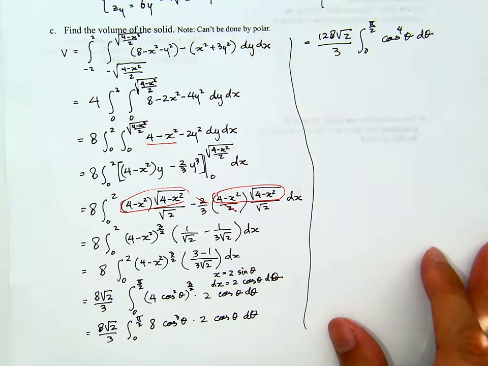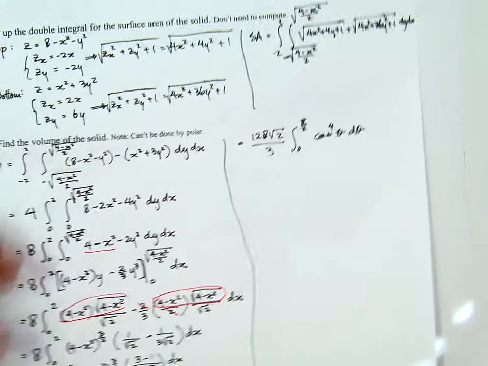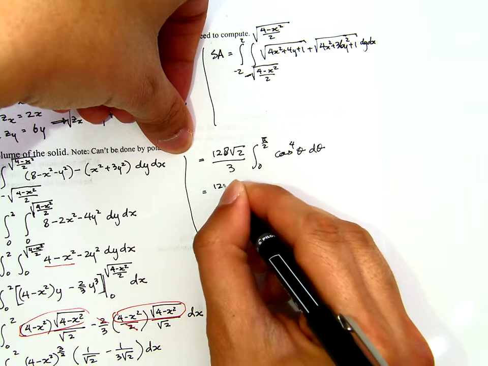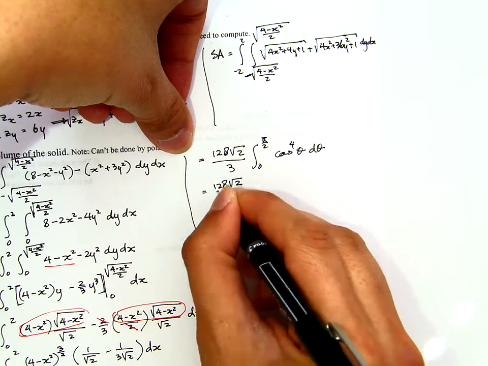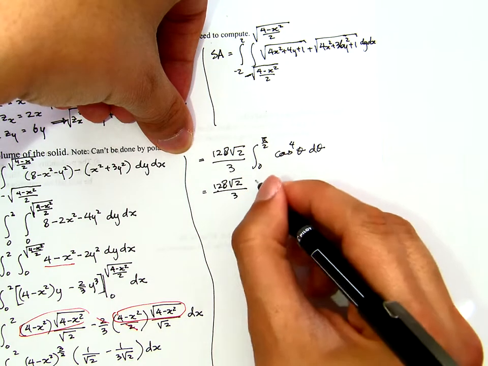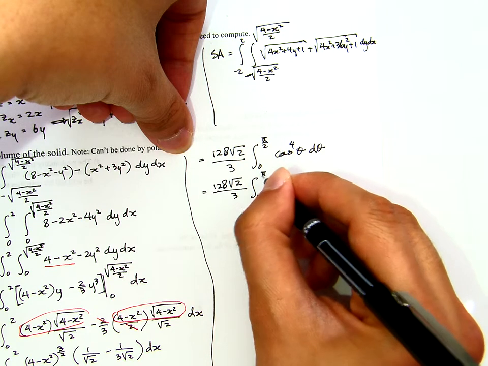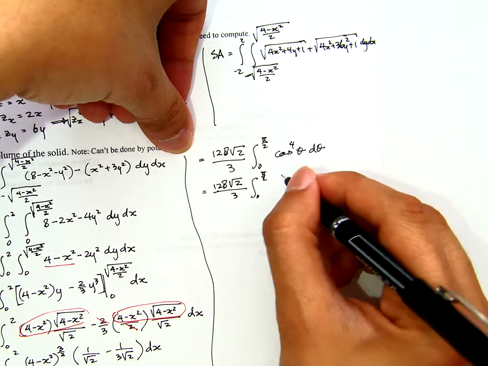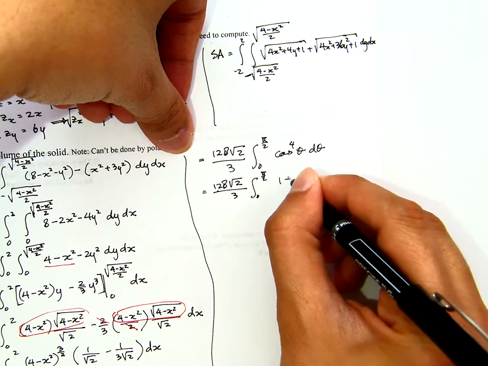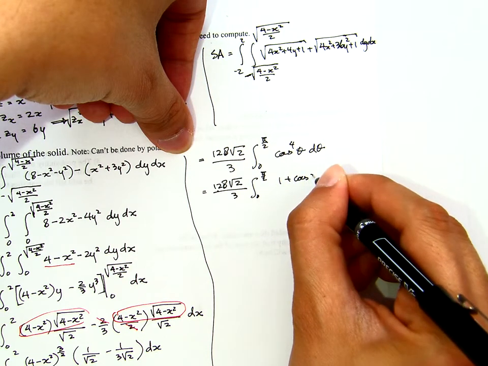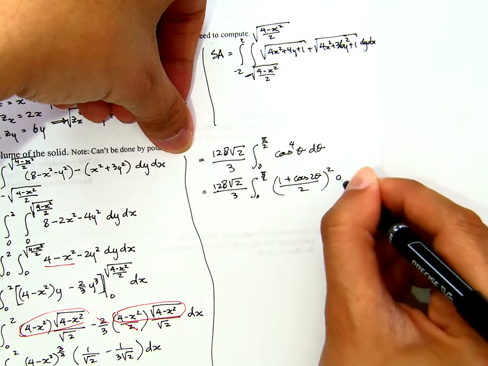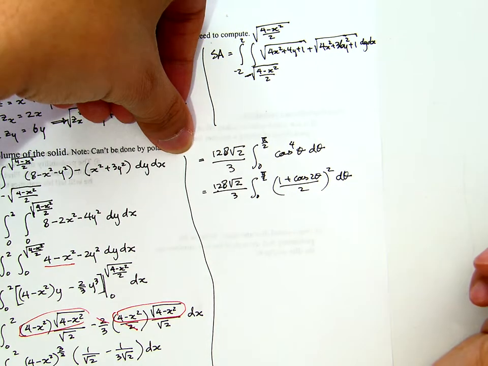That's what it boils down to. Now from here, we will do the double angle. This equals 128 square root of 2 over 3 integral from 0 to pi over 2. Now you know that this is cosine squared being squared, and cosine squared is (1 plus cosine 2 theta) over 2, being squared, d theta, right?